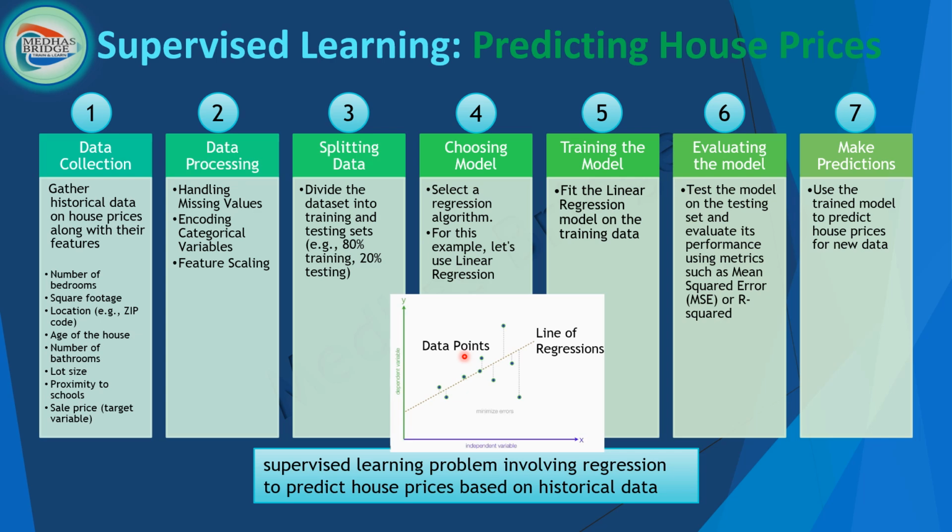Okay, linear regression takes all the data points from the data set, the processed data set, and tries to fit them into a line of regression. You may have a lot of deviation from each point to the line of regression, so you have to adjust to get a minimum error so that your prediction can be more accurate.